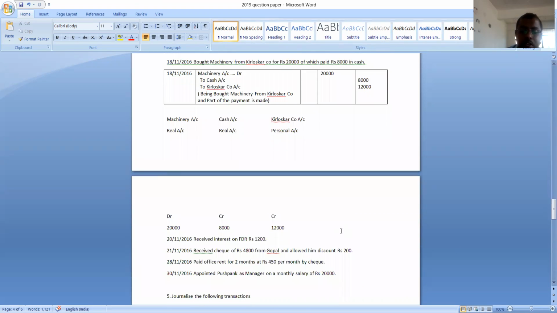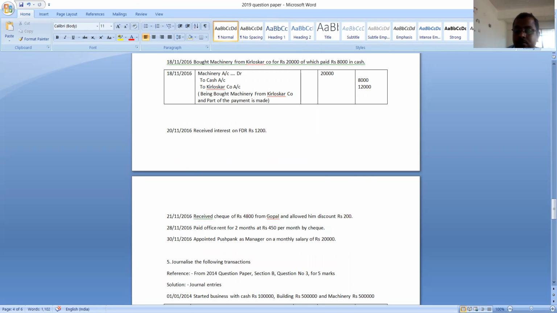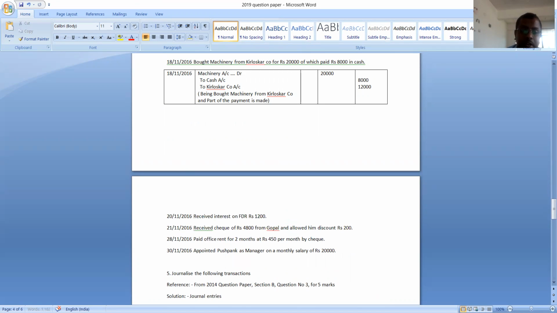Yesterday, I was telling you that in this particular question paper, there are more compound entries. Compound entries means where we will find more than two accounts, where one account will be debited and two accounts will be credited, or where two accounts will be debited and one account will be credited. Most of the journal entries here are compound entries.